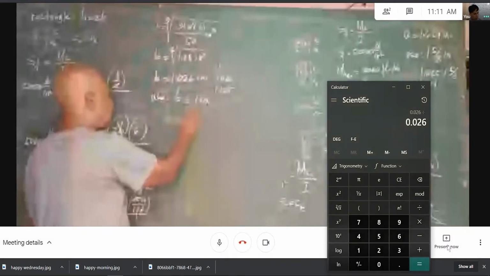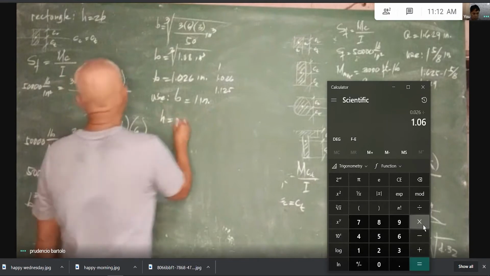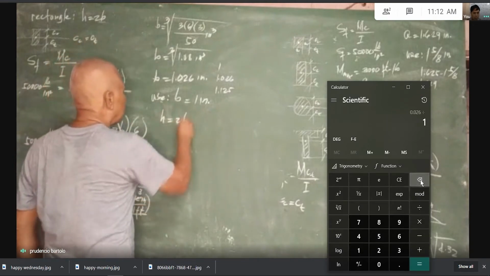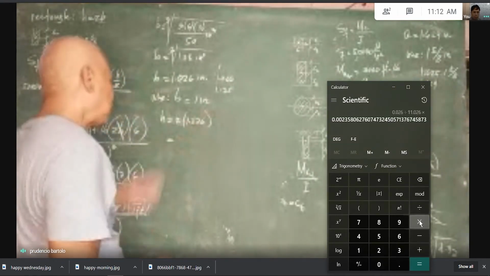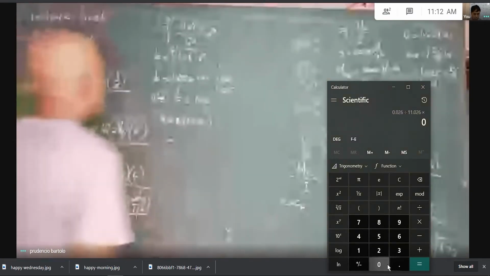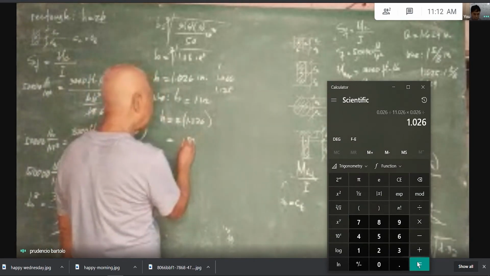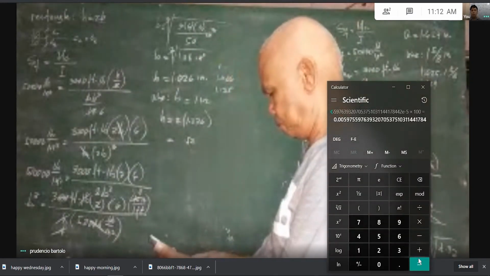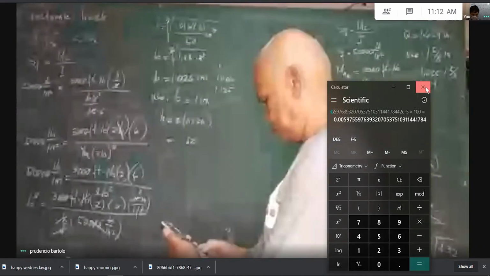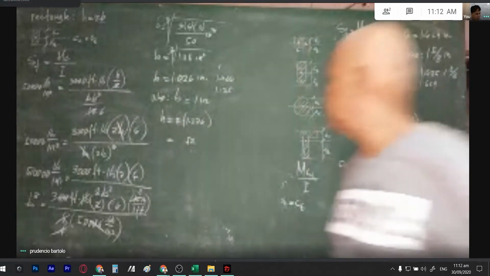So if B is equal to 1 inch here, X now is equal to 2 multiplied by 1.026, or that will give us equal to how much? That is 2.052.